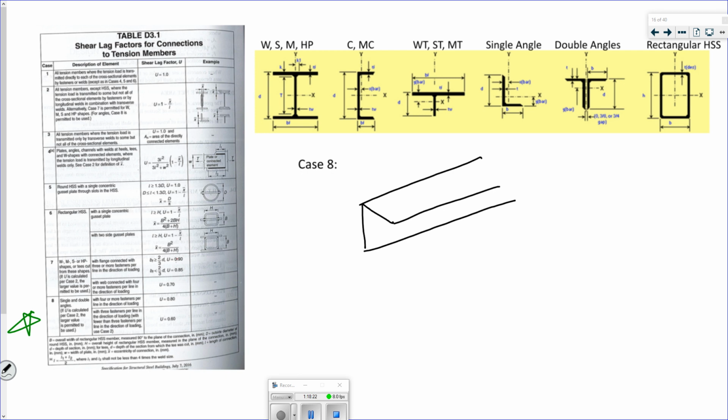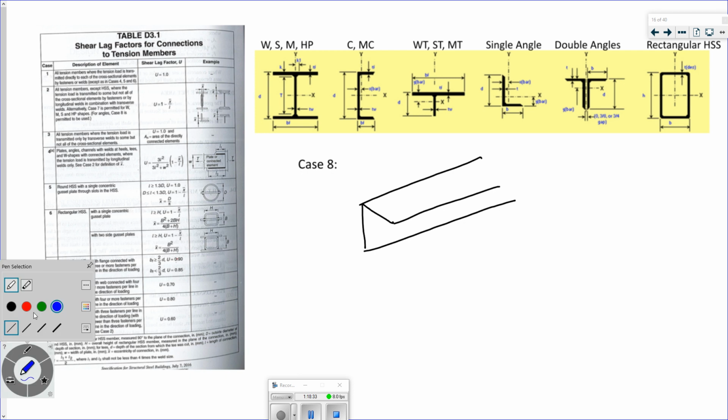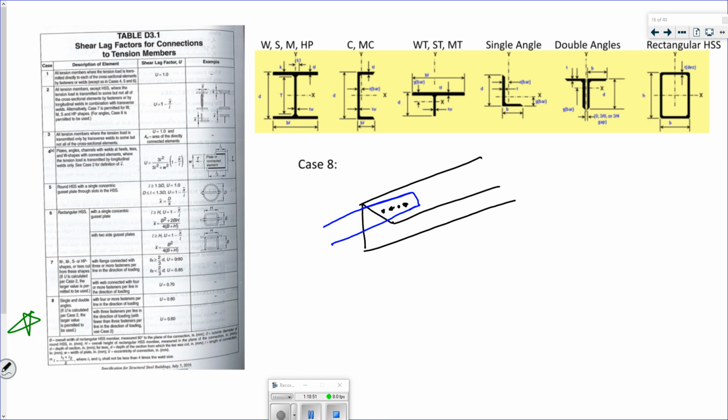It says 4 or more fasteners in the line of loading. Say we have a plate on the top leg here. One, two, three, 4. There's 4, and there's also a 3.